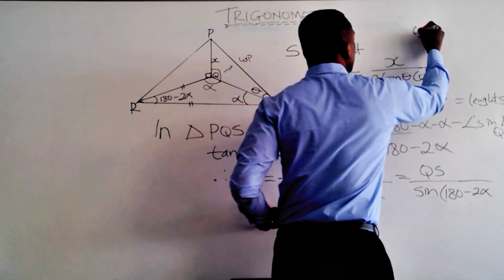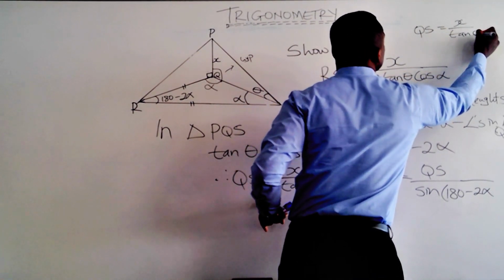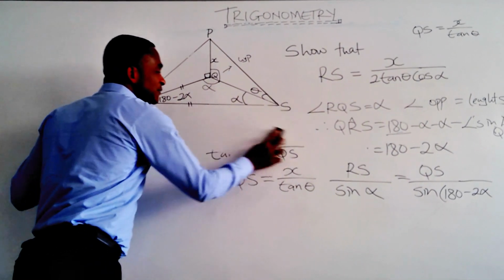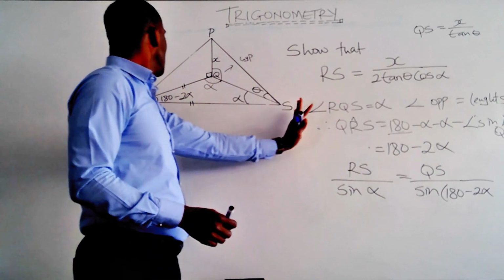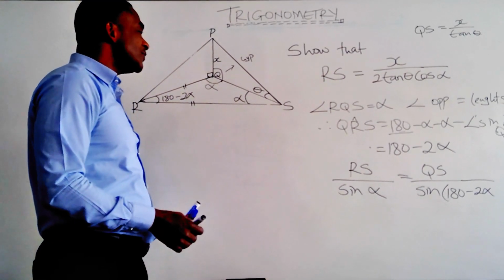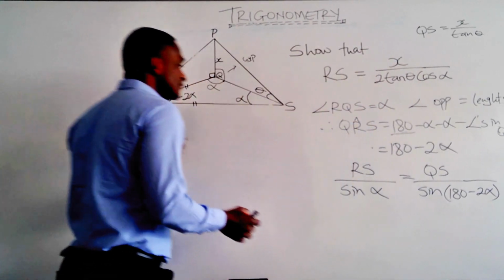Let's write this. Our QS is x over tan of theta. Remember, here we are working on triangle QRS. Let's substitute what we have and simplify.